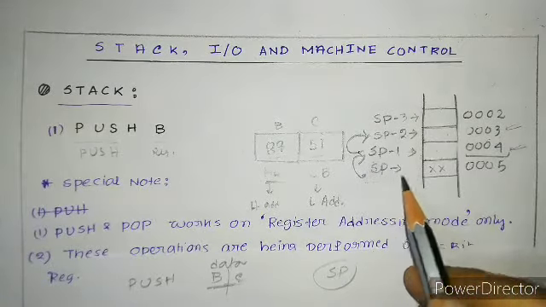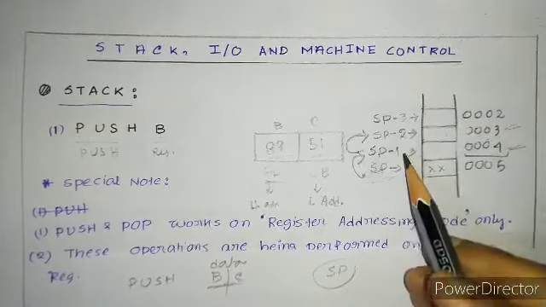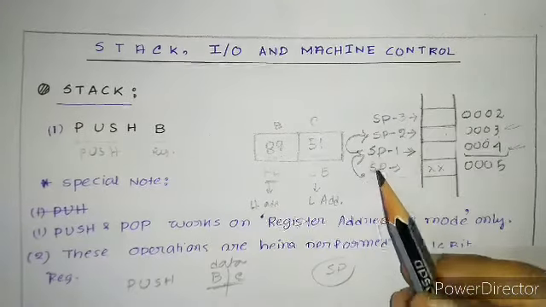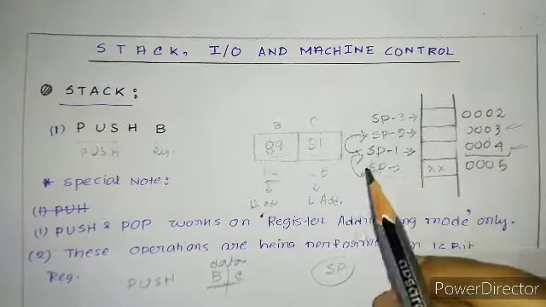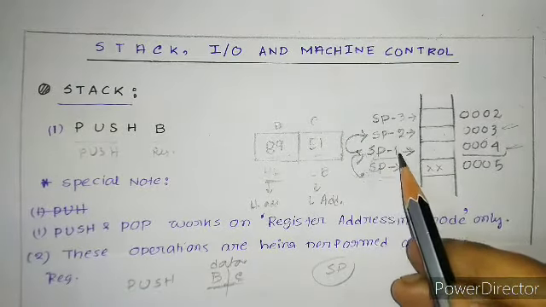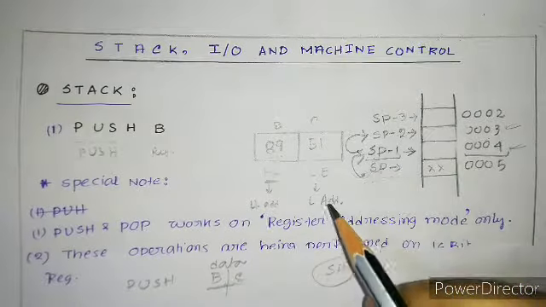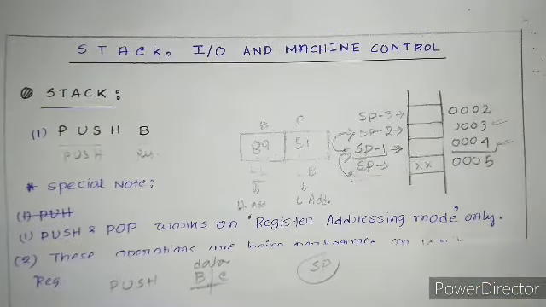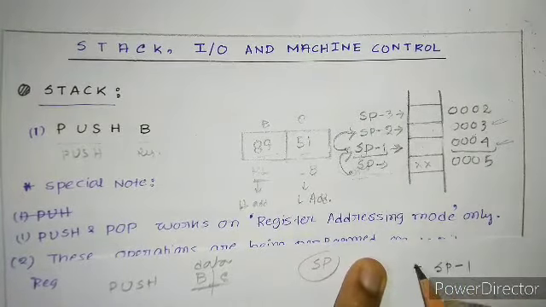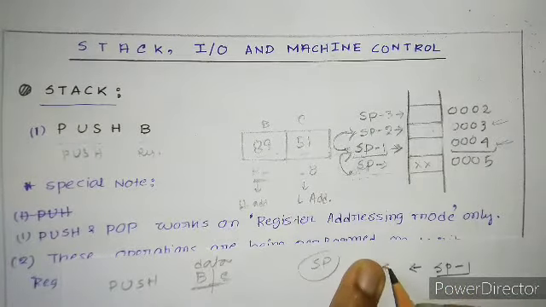Now SP is this. So what do we have to do? First, we need to decrement the address and make it SP minus 1. So SP minus 1 will be my new SP, so first SP minus 1 is assigned to SP.